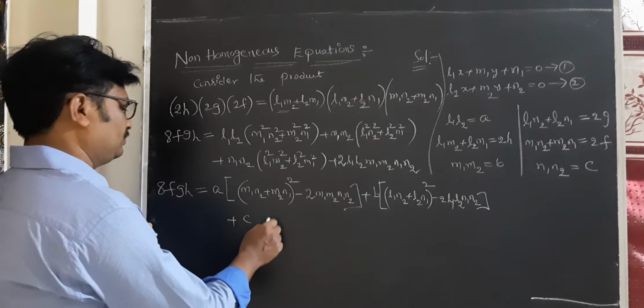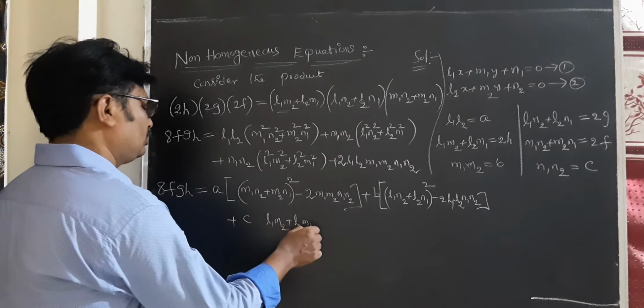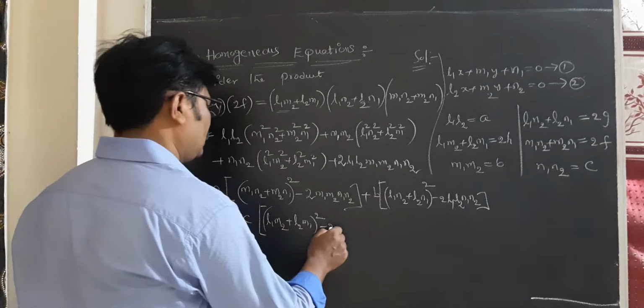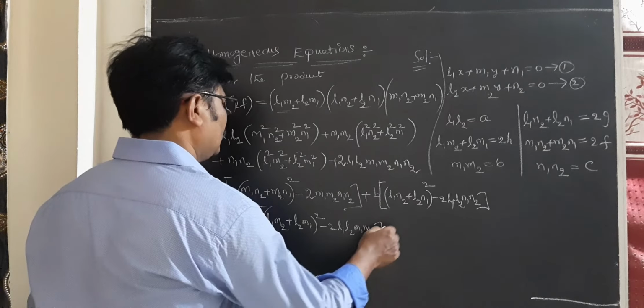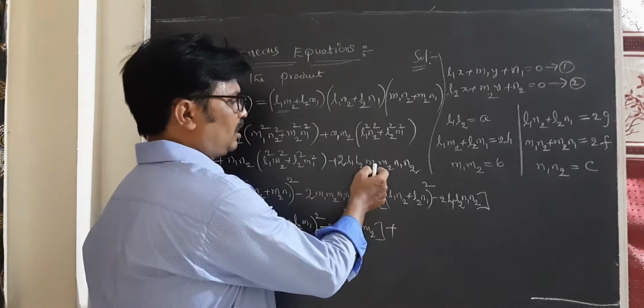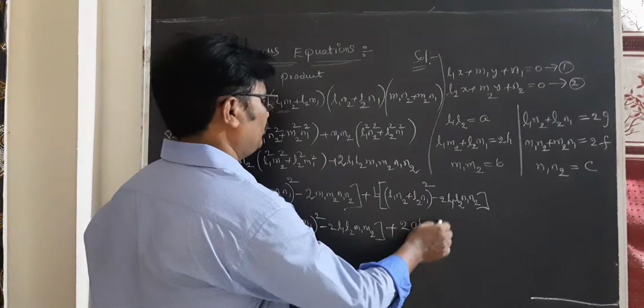N1 N2 is the c. We can write L1 M2 plus L2 M1 whole square minus 2 L1 L2 M1 M2. Now L1 L2 is small a, M1 M2 small b, N1 N2 small c. This we take as 2abc.